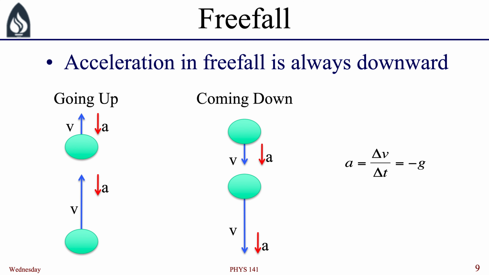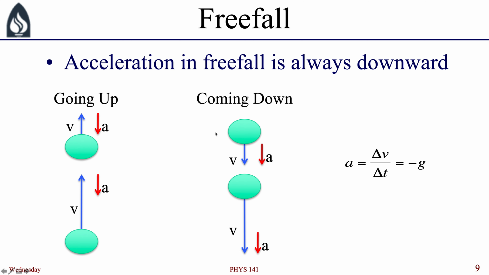The acceleration is downward, and so it's effectively nibbling away at your velocity vector and slowing the ball down. So the ball is moving upward, but its velocity is becoming less because the acceleration is in the opposite direction. Then when the ball stops for an instant and turns around and starts coming down, its velocity is increasing.